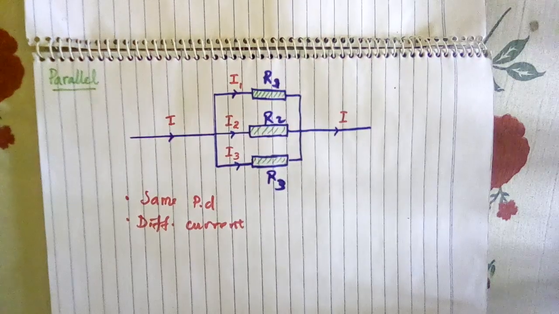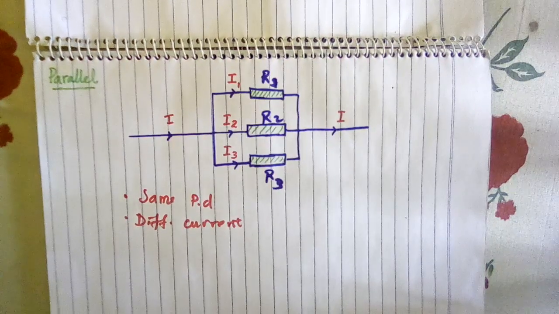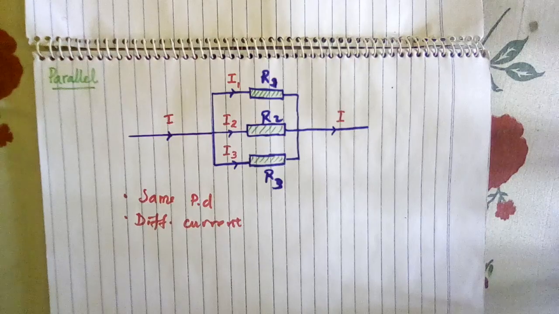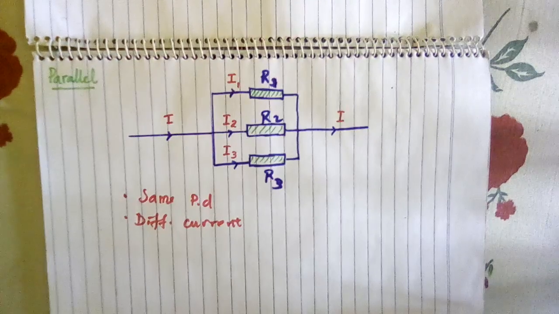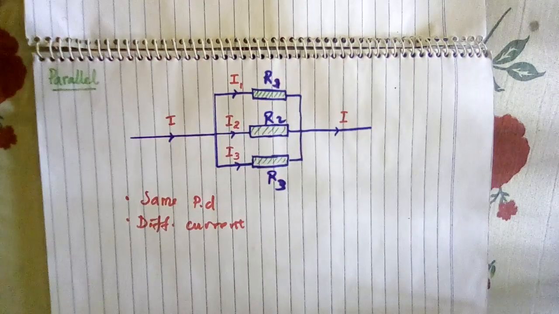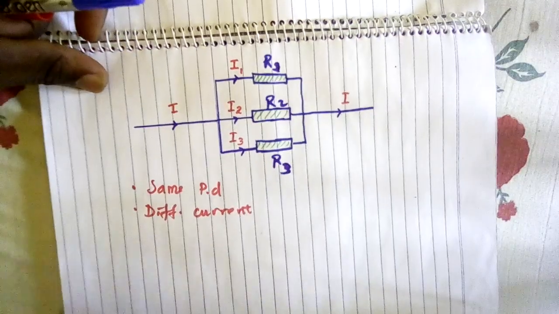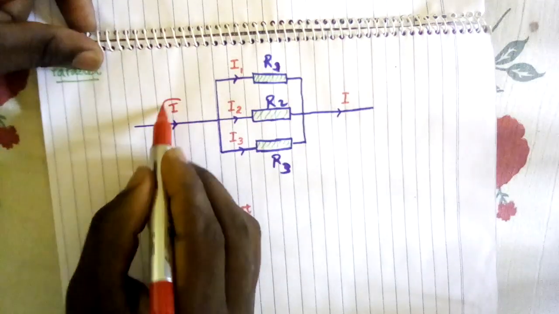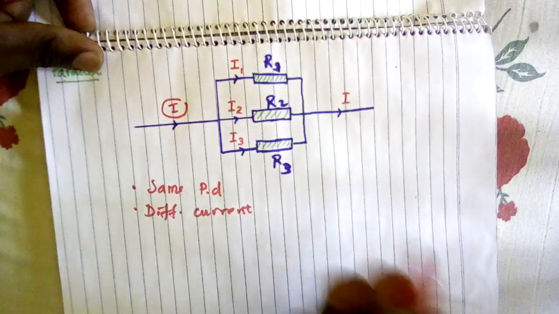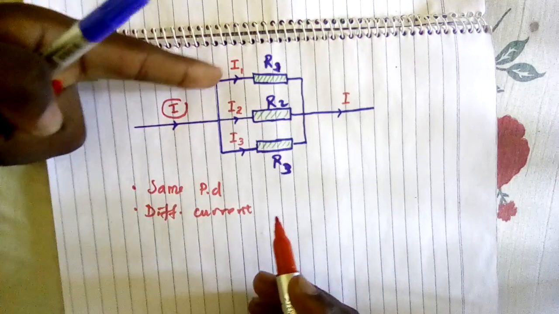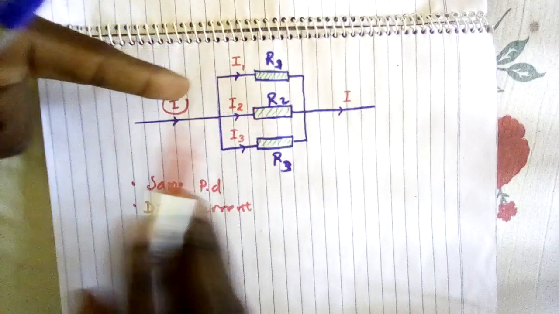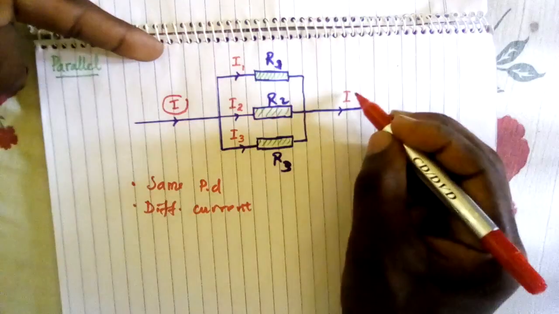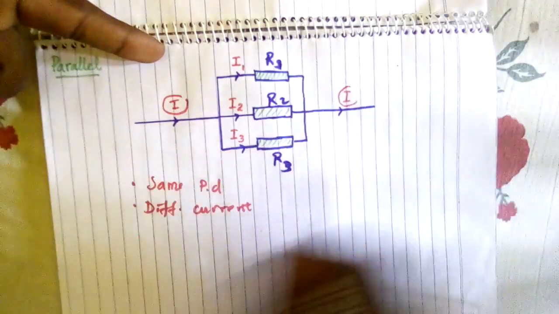You use the potential difference or the current to come up with the general formula, which is pretty simple. Now again, we know that the total current flowing through this network, which you can call the input current, after summing up all the currents through these resistors R1, R2, and R3, comes to the same output current with the same magnitude.